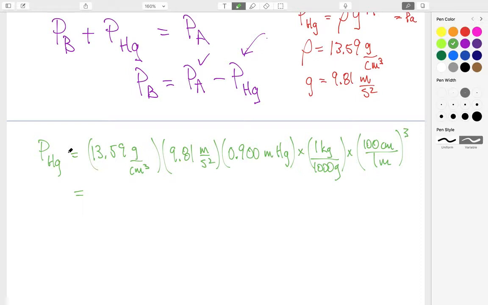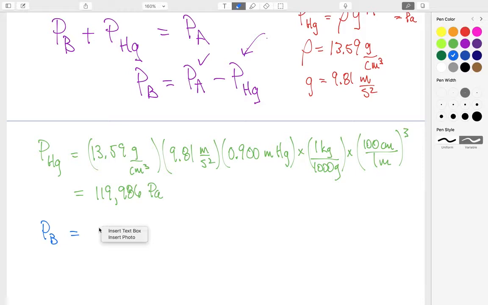In doing that, I end up with an answer that's 119,986, and this is going to be in pascals. So now, if we want to get the pressure in B, it's very straightforward. We're going to use our answer from A. The pressure in B will be the value that we got for A.